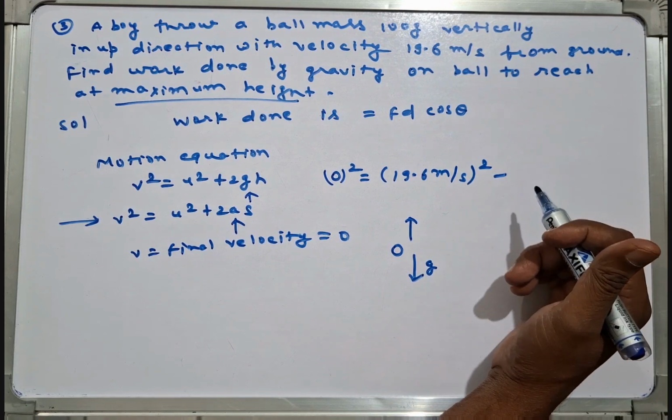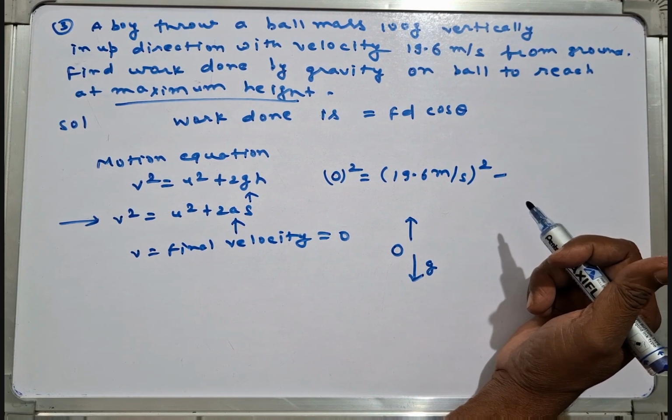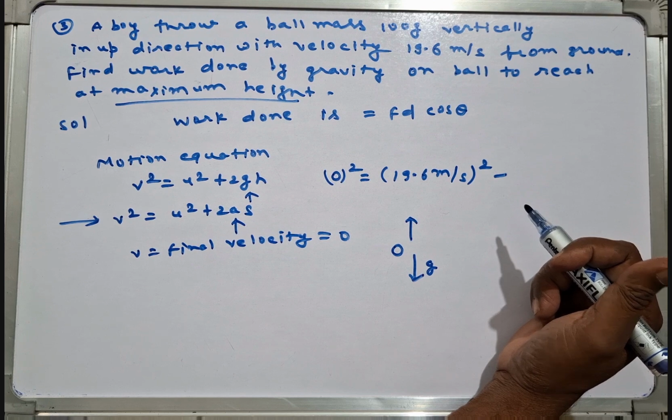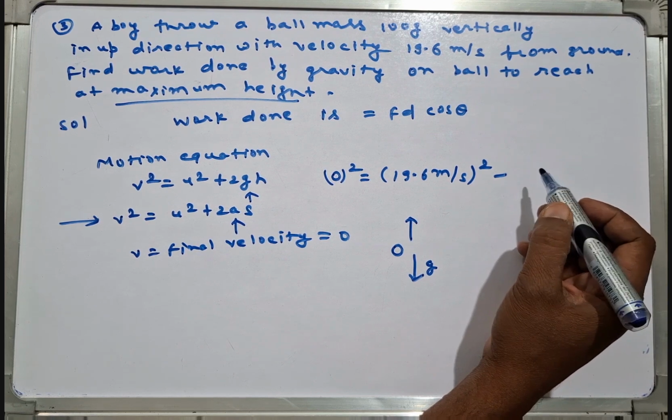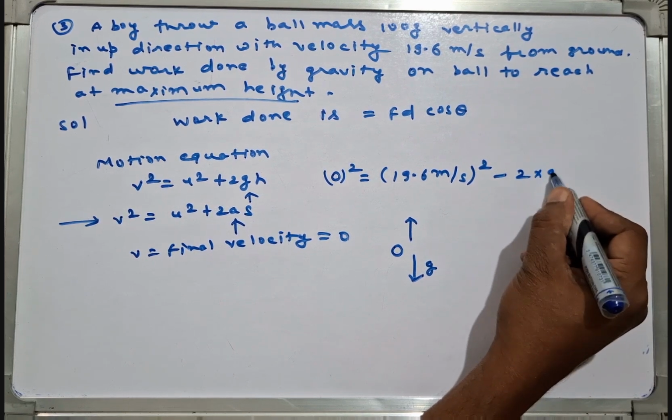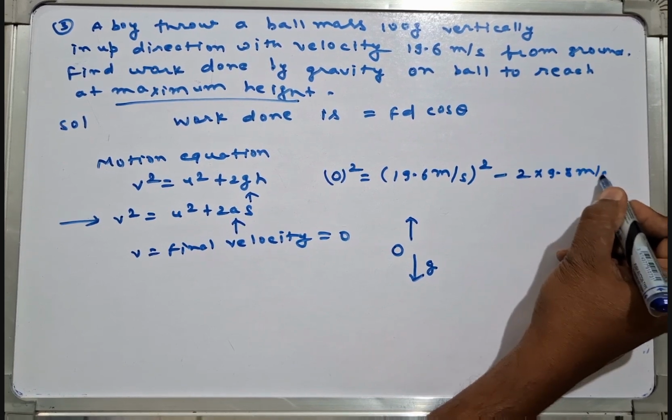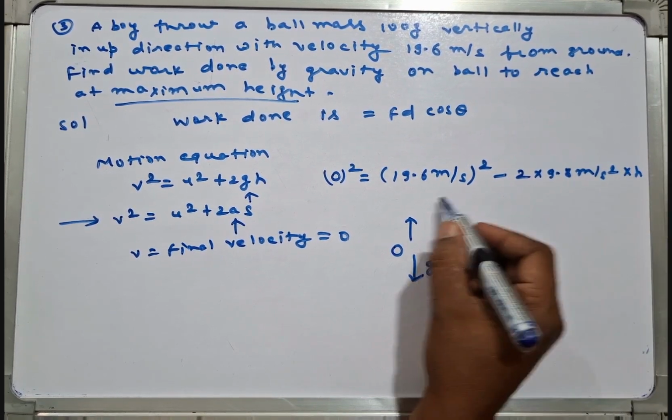Okay, so it will come to zero velocity at maximum height. So this is 2 into 9.8 meter per second square into h.